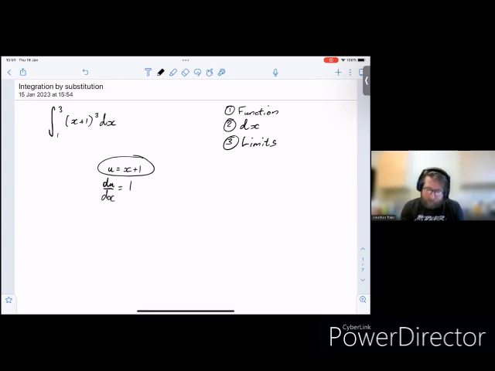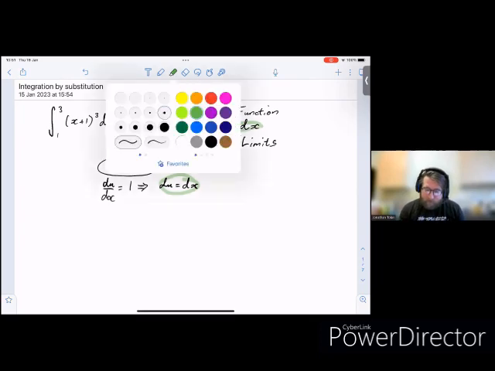Okay, so that rearranges to du equals dx. We multiply both sides by dx. I say it in air quotes because technically it's not a fraction and technically we're not doing that, but really we are. So that's what we get. So that's step 2 covered. We've got du equals dx. That's substituted. And now we've got to sort out the limits.